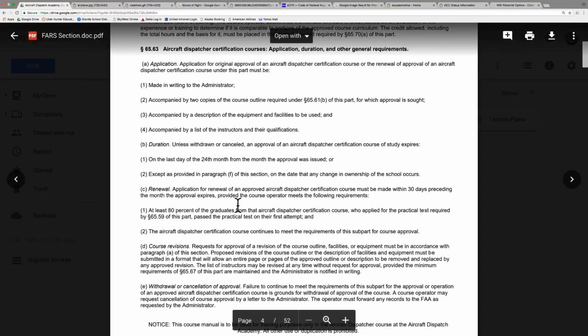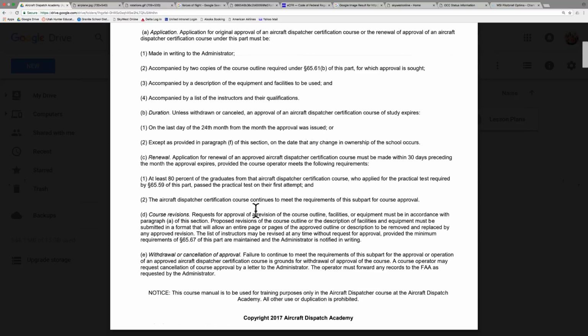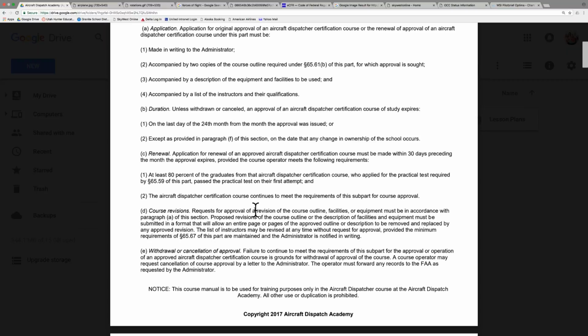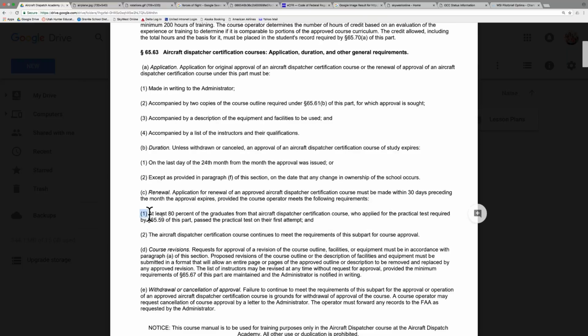Then this goes over the paperwork that gets issued, and some of the requirements for us to operate as a school. So here's one that we can gladly say we're in business still: at least 80% of our graduates from the Aircraft Dispatch Academy complete the practical test on the first attempt.